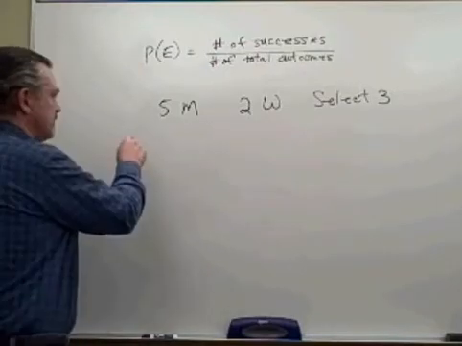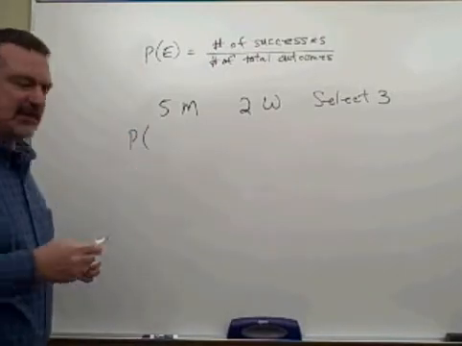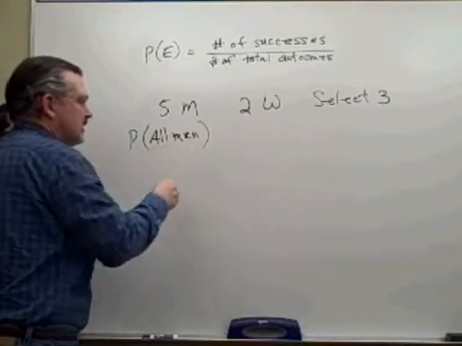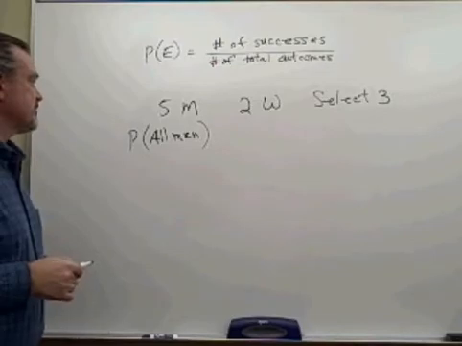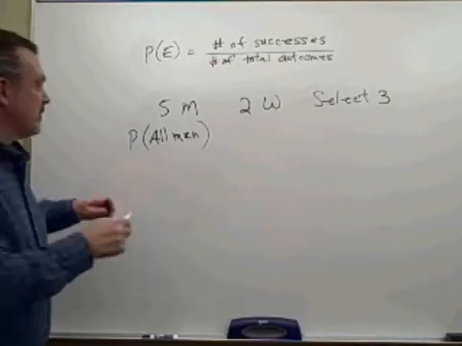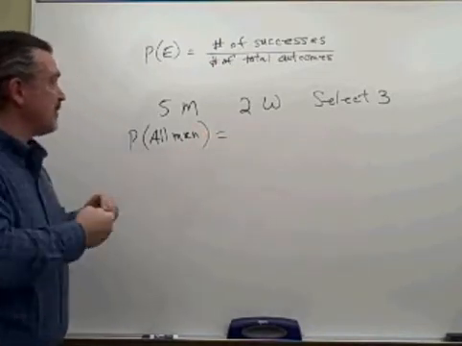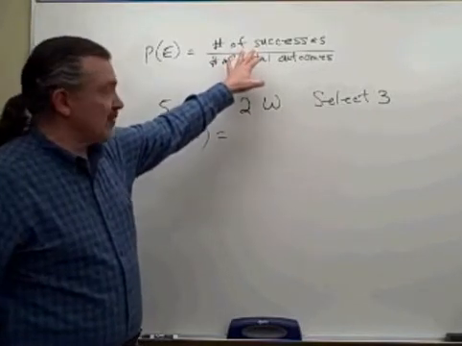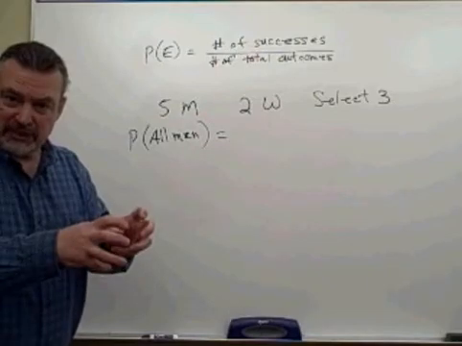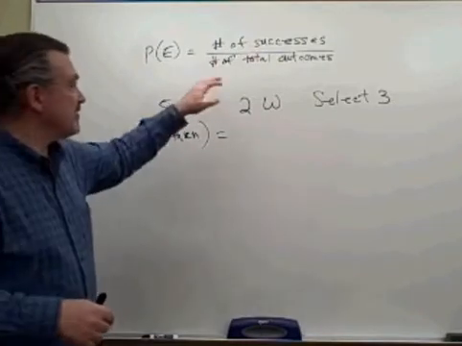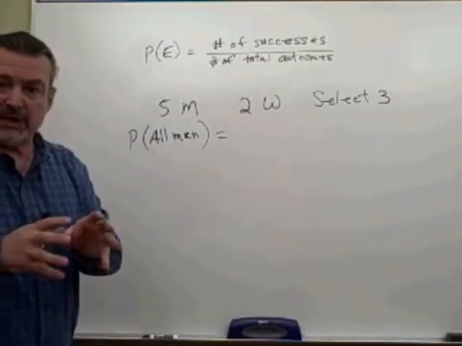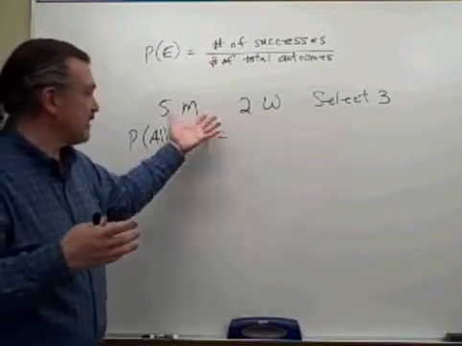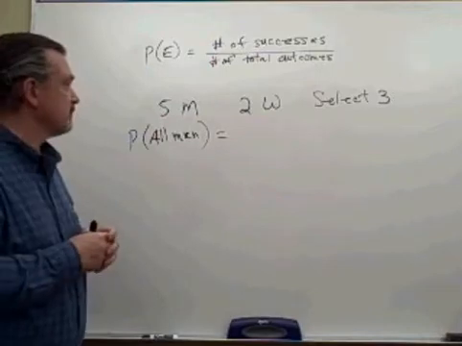So the event whose probability we want to calculate is the event that we would get all men in those 3 choices. Well, remember, the probability that some event occurs is the number of ways, the number of successes that particular event could occur, divided by the total number of ways that, in this case, choosing of 3 out of 7 could occur.